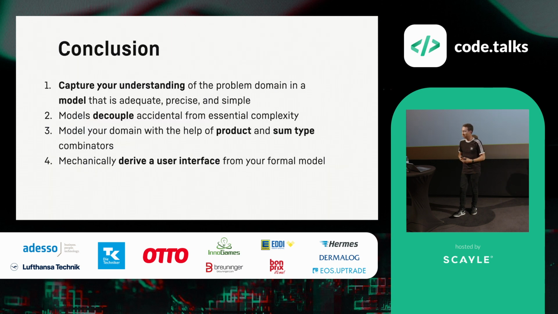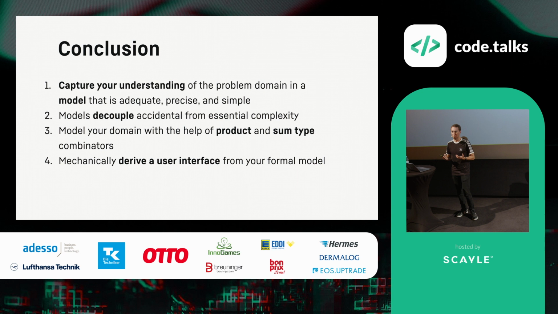And that also brings me to my conclusion, which is based on these 4 points. I think you should capture your understanding of a problem domain in a model that is adequate, precise, and simple. So it's necessarily a mathematical model, and you should communicate this model with your stakeholders, with non-technical people. We do this all the time, right?